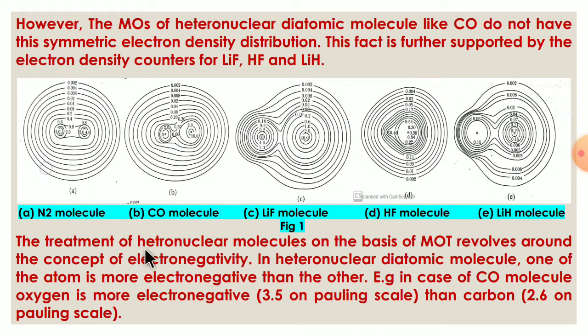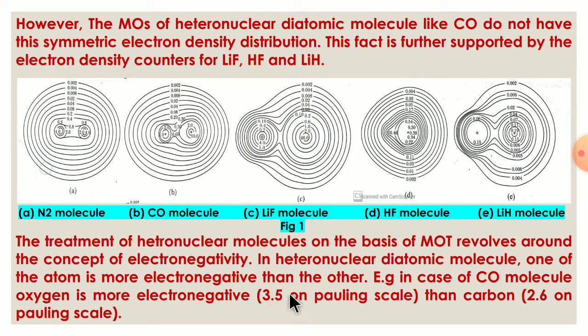The treatment of heteronuclear molecules on the basis of MOT revolves around the concept of electronegativity. In a heteronuclear diatomic molecule, one of the atoms is more electronegative than the other. Example, in the case of the CO molecule, the oxygen is more electronegative.